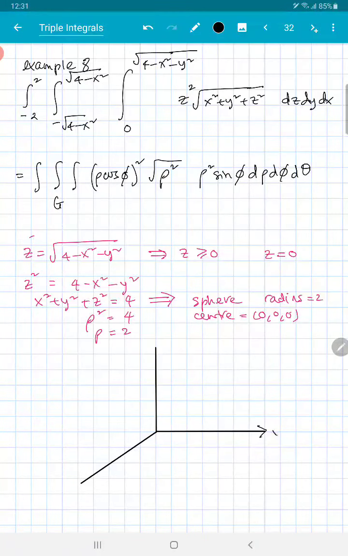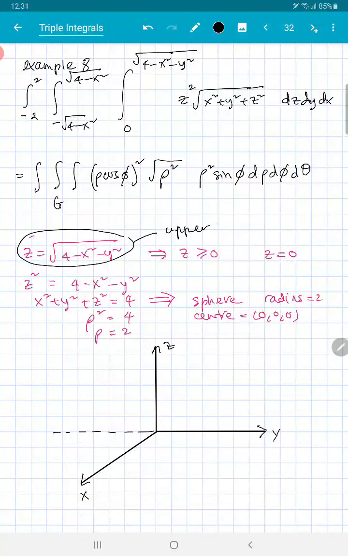Here we have the y-axis, x-axis, and z-axis. This represents an upper hemisphere. We don't take the whole sphere. The radius of the sphere is 2, so this is a 2, this is a negative 2, and here we have a 2 as well.